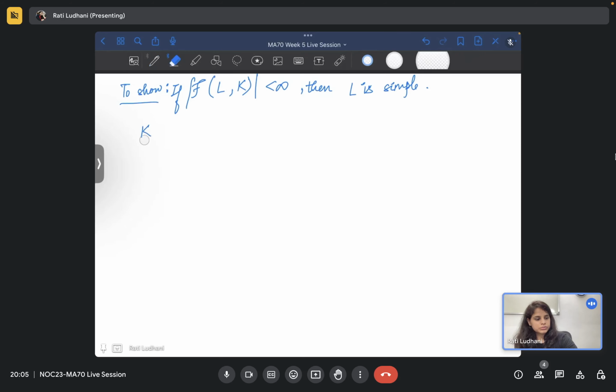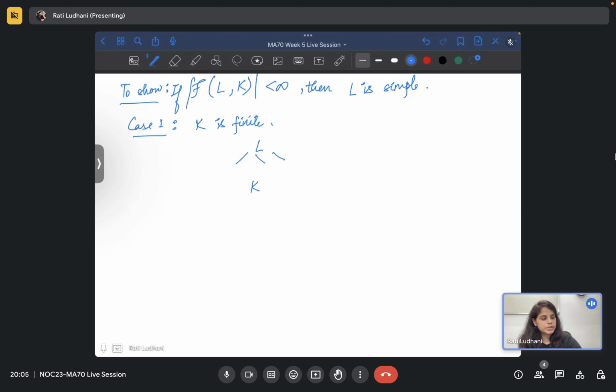Case 1. K is finite. What does this mean? If K is finite and it is given that L is there, K is there, there are finitely many intermediates. So what you can do, and how will these finite fields look like?